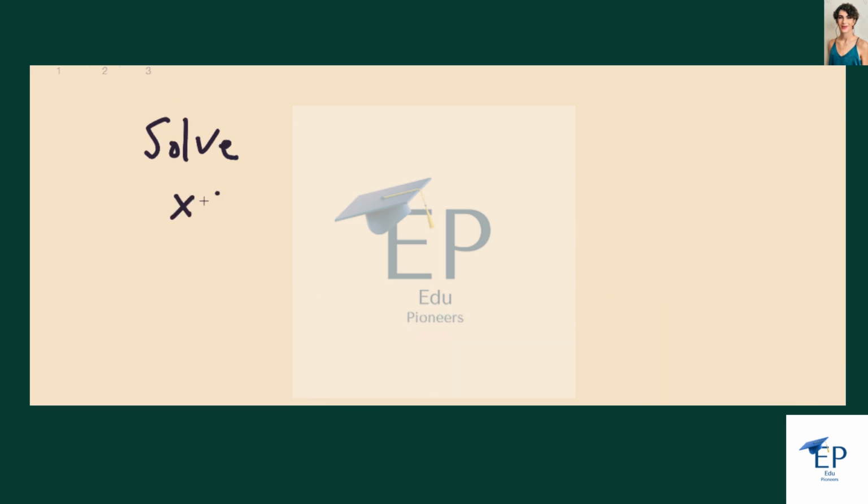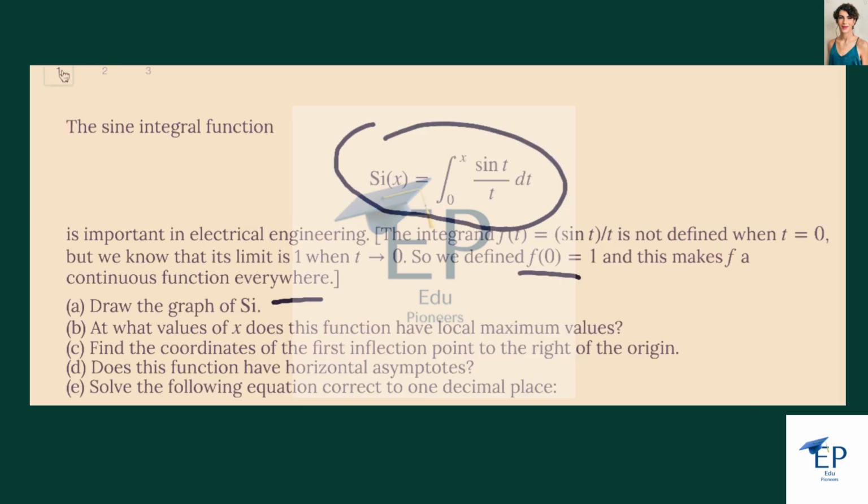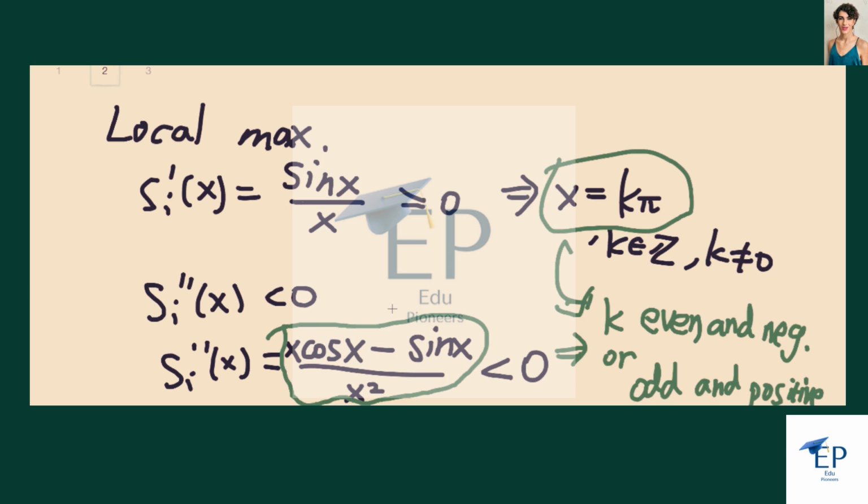Inflection point, second derivative will be 0. So let me check. We want this to be 0.